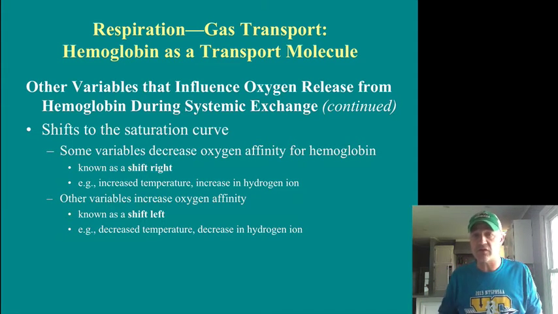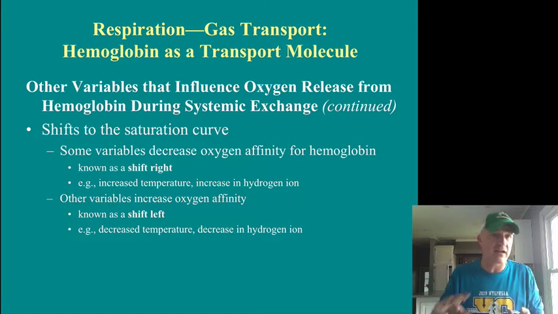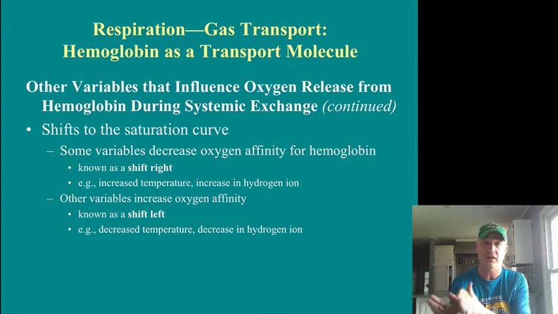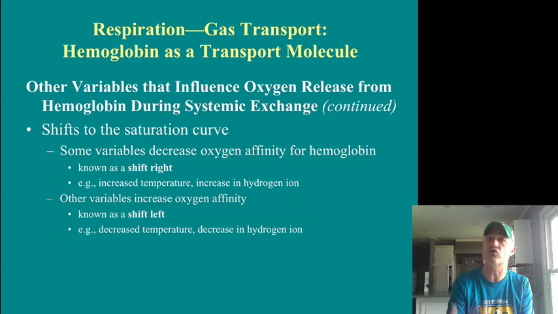Things like increased temperature, increased hydrogen ion, increased carbon dioxide, 2,3-BPG, all these things do what is called right shifting of that hemoglobin curve, which means at a higher partial pressure, it's going to be less saturated, meaning it's dropping off more oxygen at those tissues when it's shifted to the right.